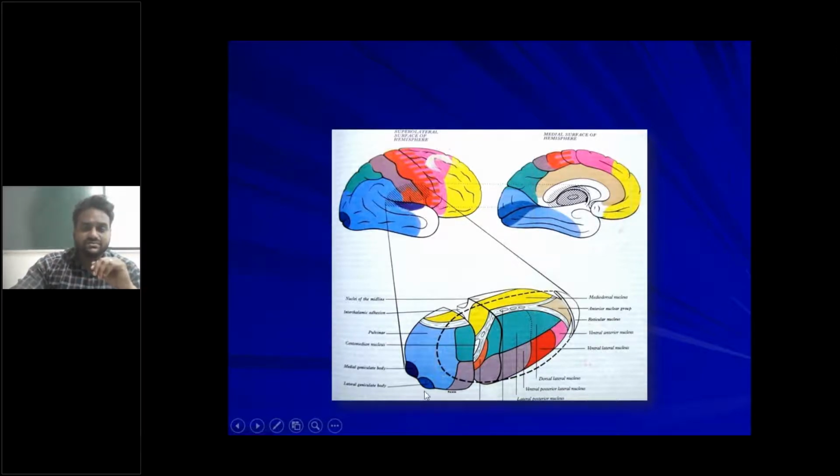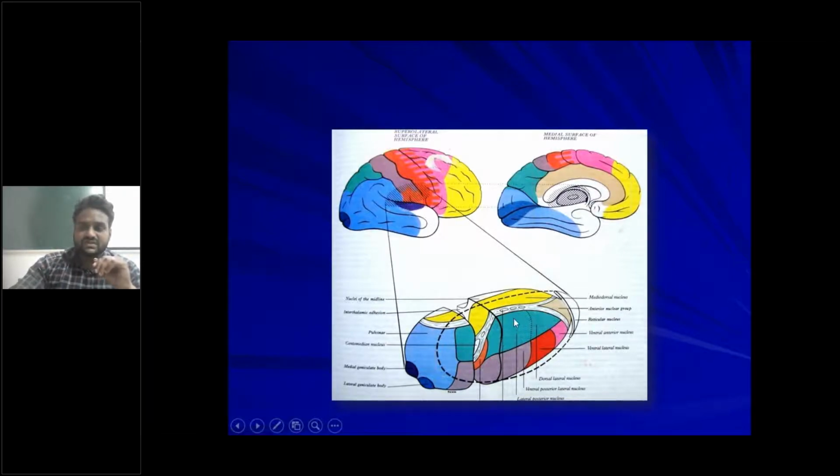Already I told you this thalamus is the relay station for all sensory modalities of the body except the olfactory. So this is the head ganglion of the sensory fibers, relay station for the sensory fibers. This is the thalamus, part of the diencephalon. Okay, usually mainly it is connected with the cortical areas of the cerebrum and also interthalamic connections. Those also we have seen.